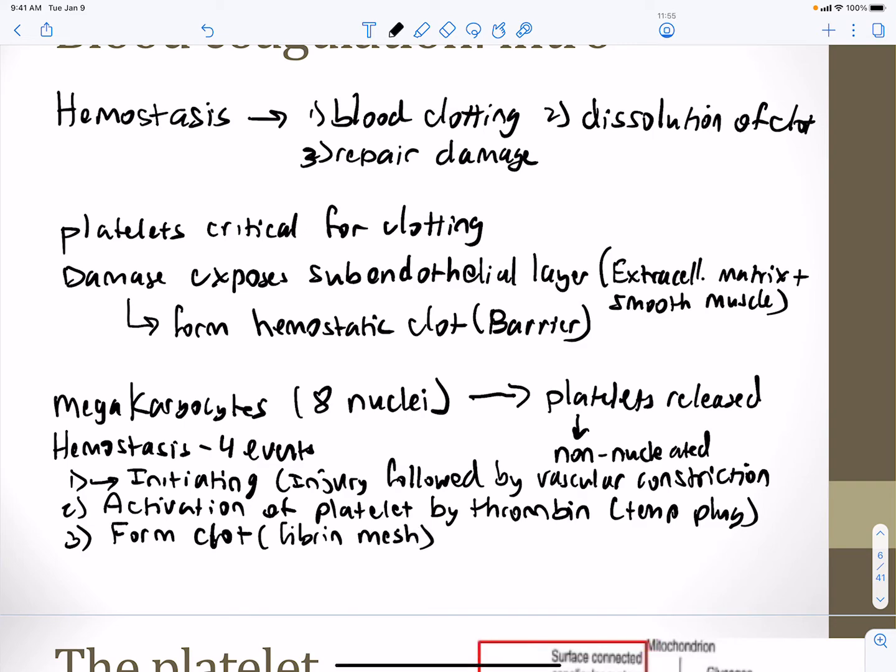This fibrin mesh can be called a white thrombus when only platelets are involved, or it can be a red thrombus if both platelets and red blood cells are involved.